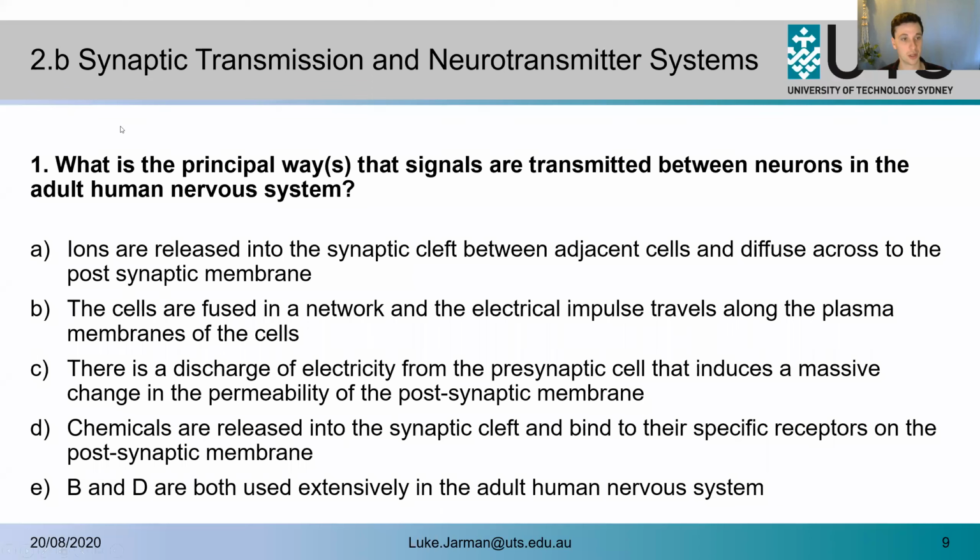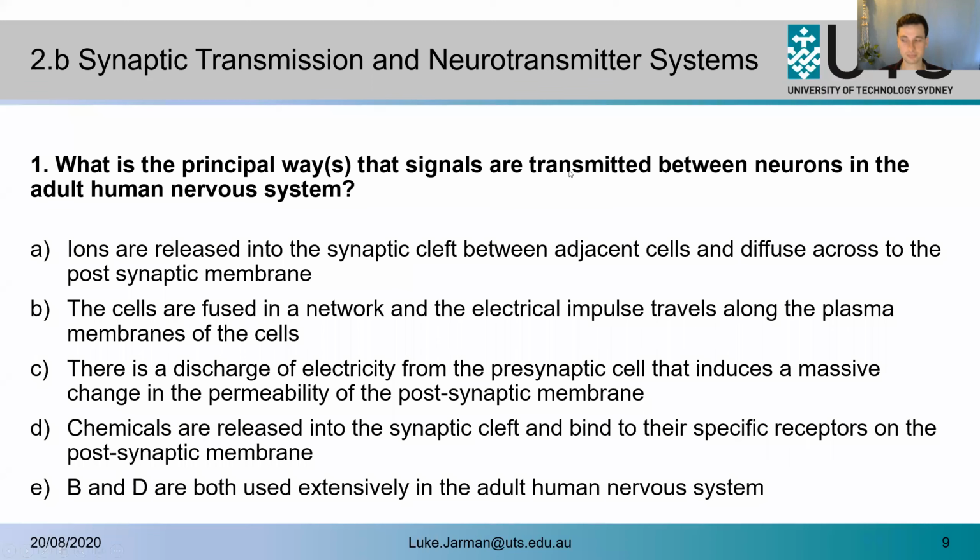Yeah, they are important. Okay, so what is the principal way that signals are transmitted between neurons in the adult human nervous system? You guys might actually know some of these. Do we think it's A, B, C, D, or E? If we're just looking through these, there's one of them that probably stands out most, in terms of what is most relevant.